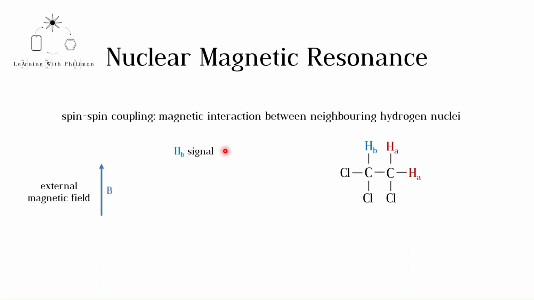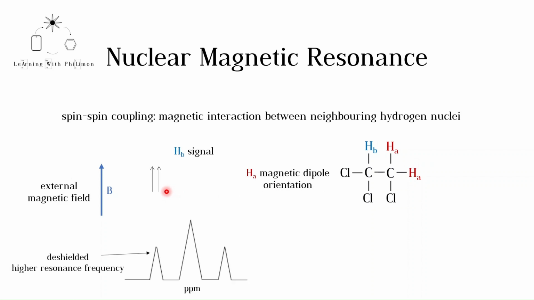Now let's take a look at the signal for hydrogen B. This is slightly more complicated as hydrogen B is affected by the alignment of both hydrogen A nuclei. There are four possible combinations of orientation. If both hydrogen nuclei align with the magnetic field, we get the de-shielded effect. If both hydrogen A nuclei align against the magnetic field, we get the shielding effect.